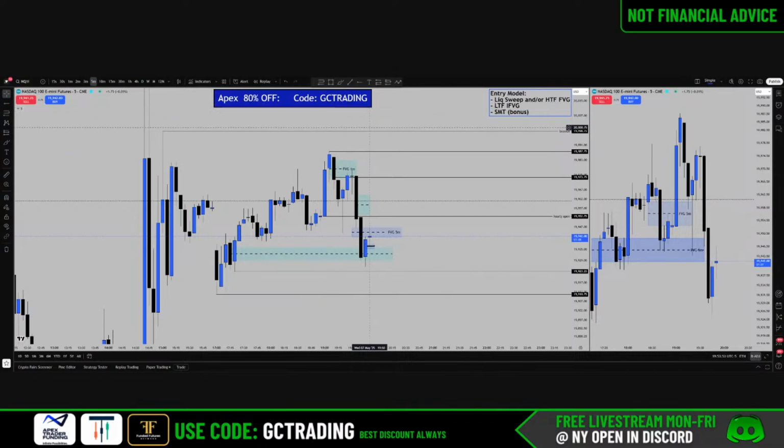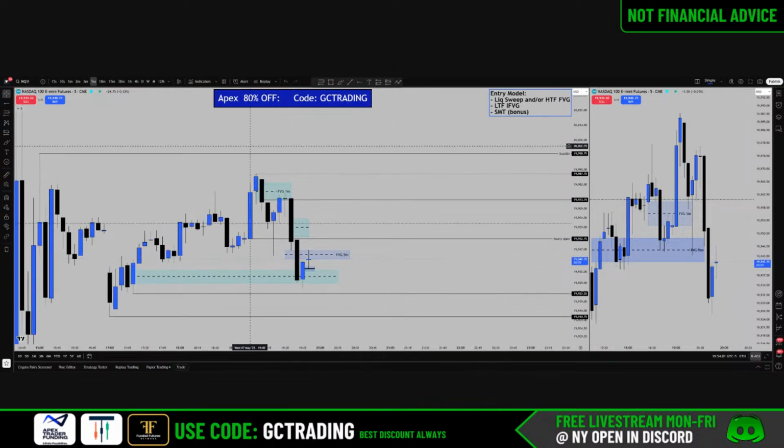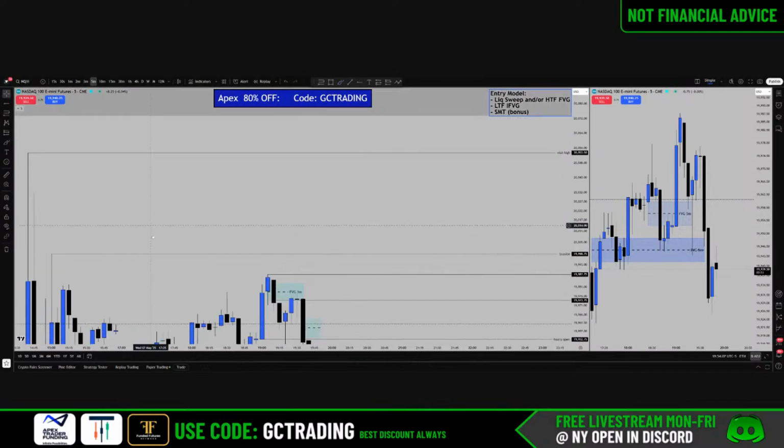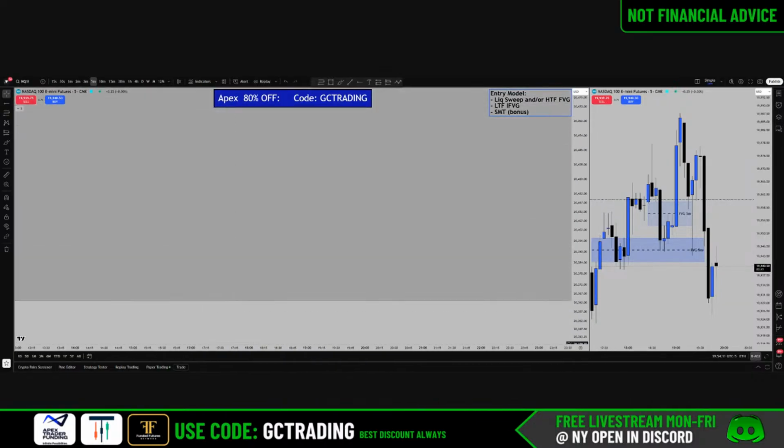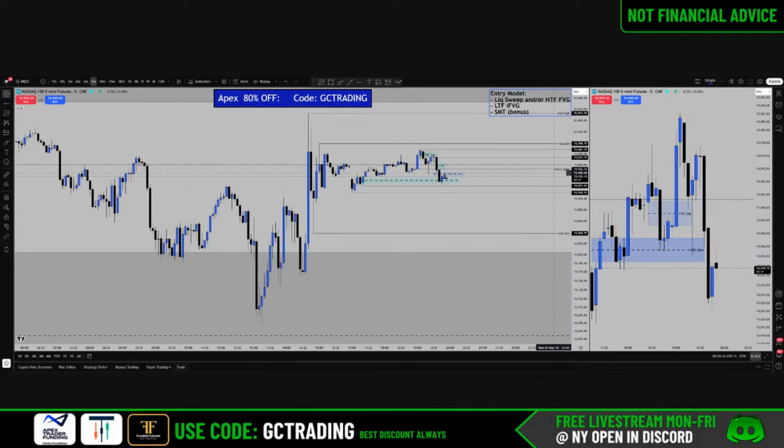Could that inverse be liquidity, or is that different? I mean, inversions show me momentum. When I think of liquidity, I think of going into gaps.